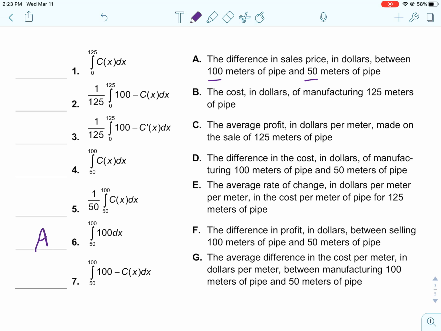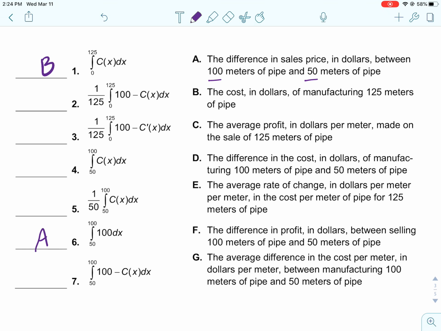All right, for B, the cost, we are talking, so we're going to definitely have a C on this one. The cost in dollars of manufacturing 125 meters of pipe. Yes. Okay, for me, it's kind of easier to pick out which ones are going to be average. So we have 3 different average ones.